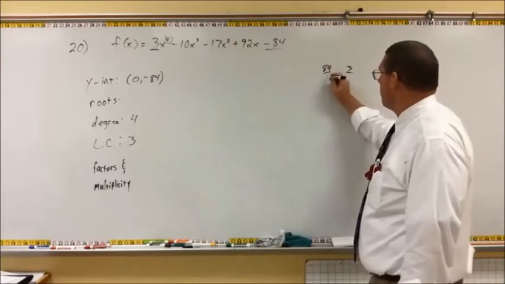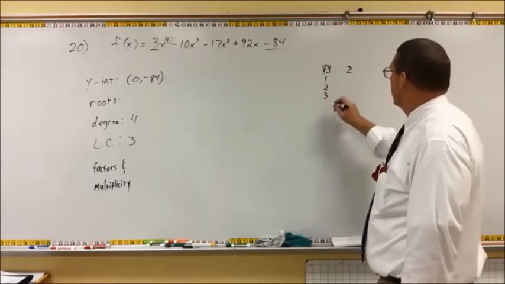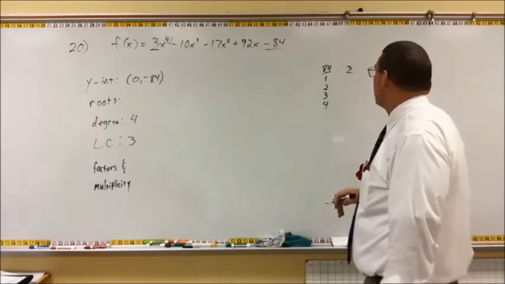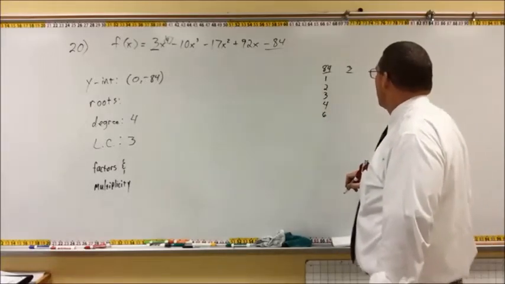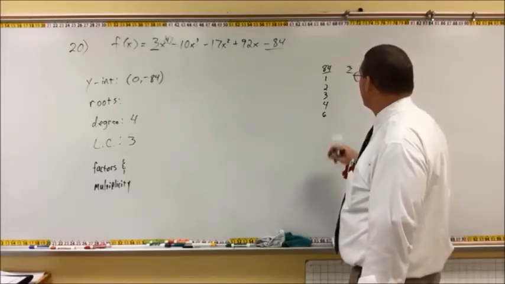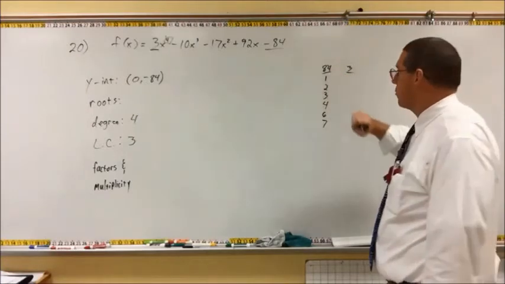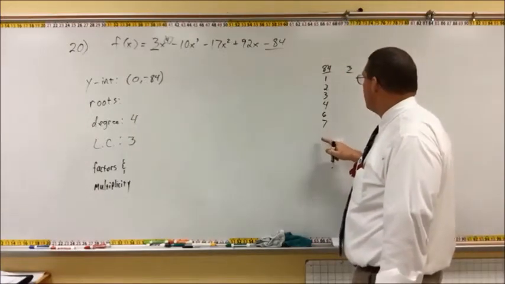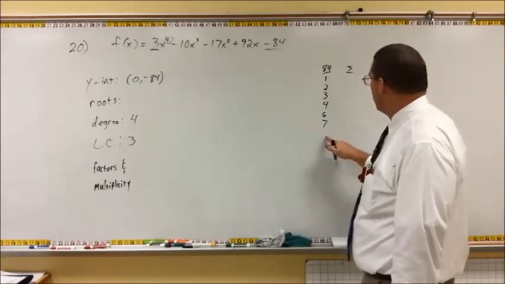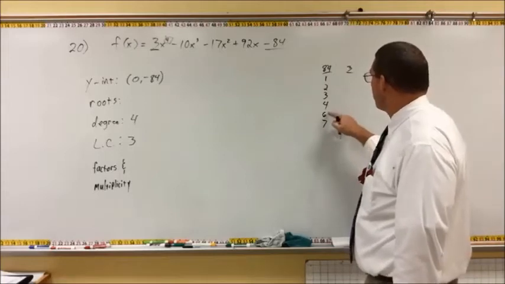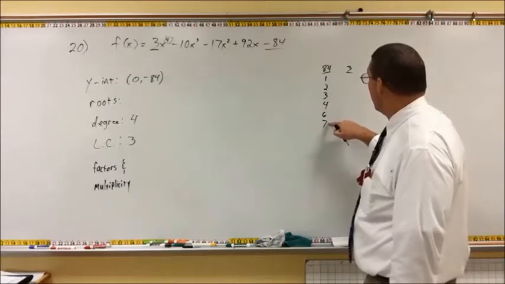So the factors of 84 are, I know we got 1, 2, 3 is a factor, 4 goes into 84, 5 does not, 6 does, 6 goes into 84, 7 does, because if you split this in half, it becomes 42, and 7 is a factor of 42. 8 does not, 9 does not, 10 does not, 11 does not, 12 does, 7 times 12.